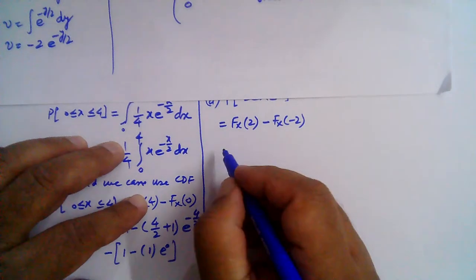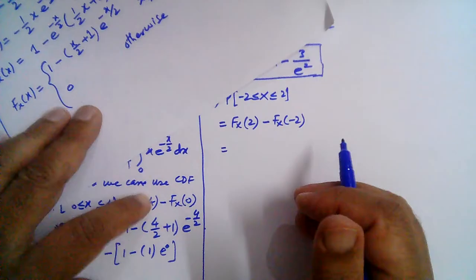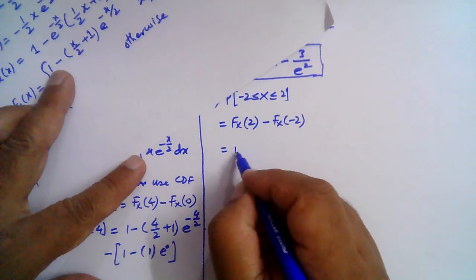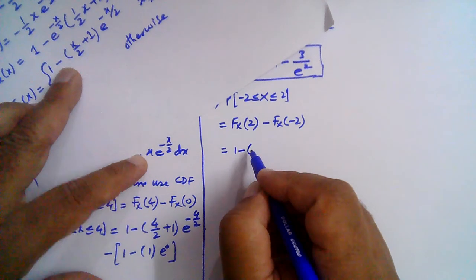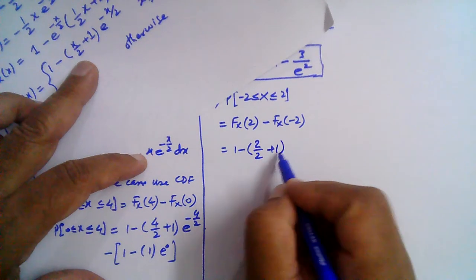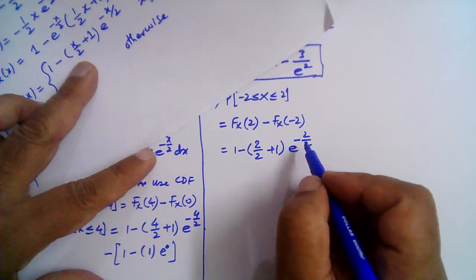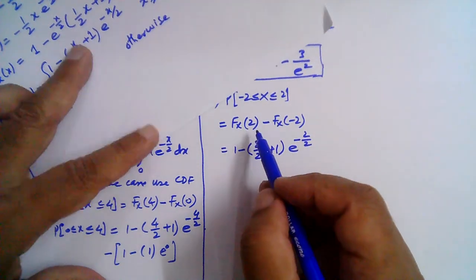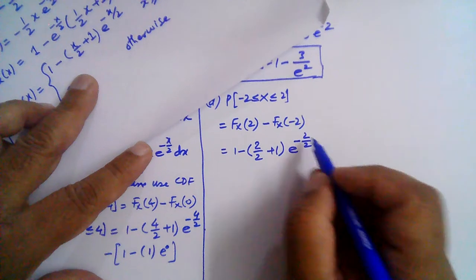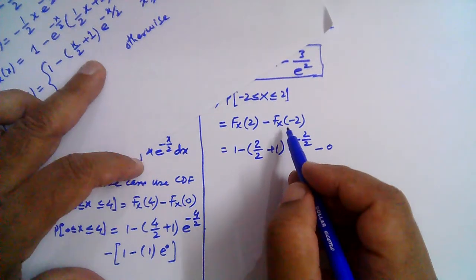So this is equal to 1 minus, so this is x is 2 over 2, and this is plus 1, e raised to the power minus 2 over 2, right? We have substituted 2 here. And then this is 0 because the CDF is 0 for all negative values.